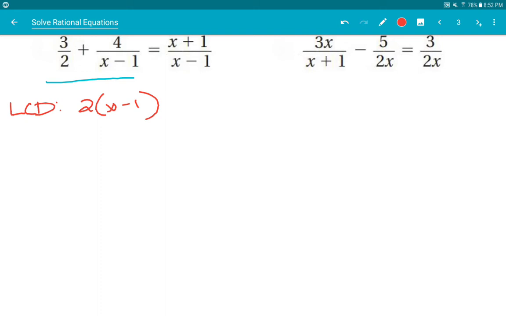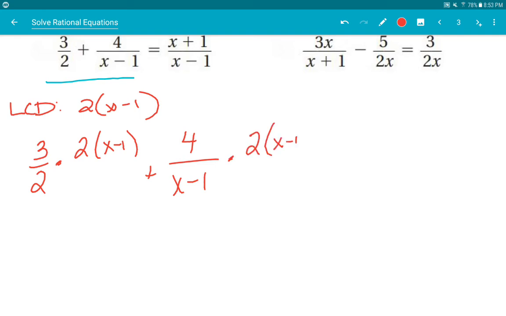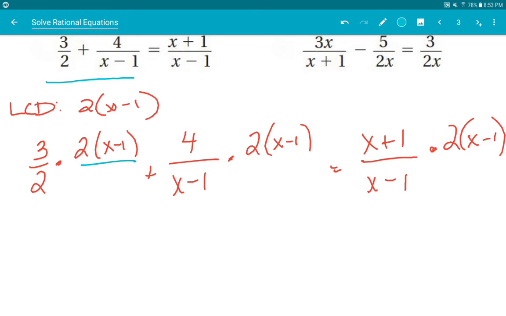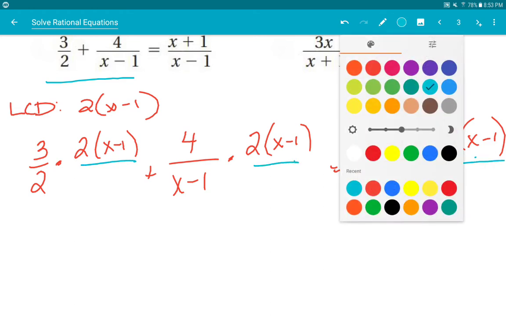Okay, so what we're going to do is actually take our equation and multiply each part by the LCD. Okay, so notice I took the LCD and I multiplied each of the three fractions here. Okay, and then what that's going to do for us is going to be nice and lovely.